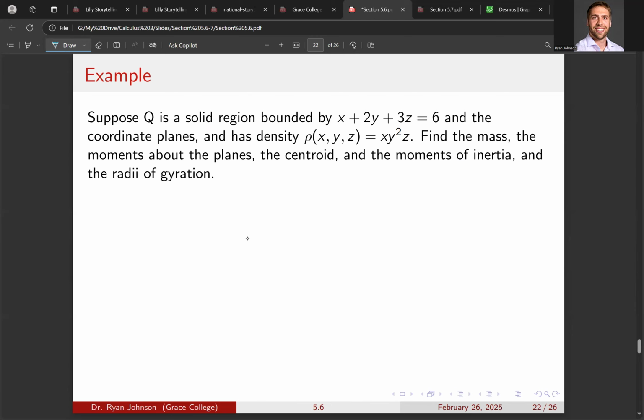We're not going to find all these. We're just going to set up the integrals and call it a day, and then move on to Jacobians. So how do I set up this integral?